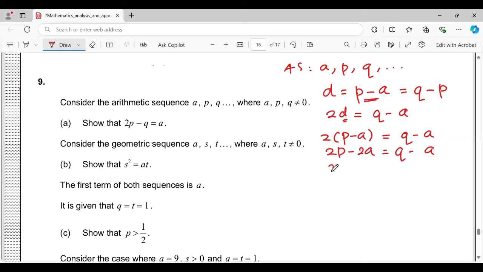Then 2p minus q equals minus a plus 2a. It will be 2p minus q equals a. So a equals 2p minus q.